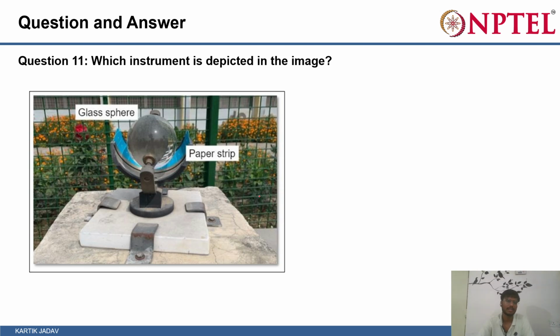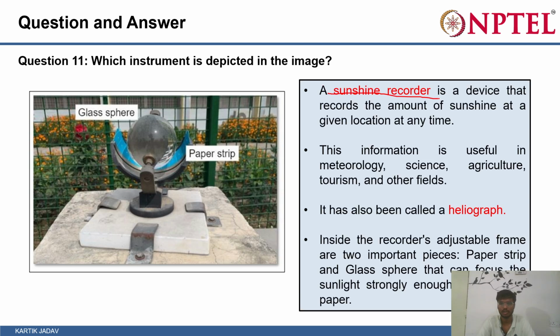To measure that, we have this instrument known as the sunshine recorder. It records the amount of sunshine at a given location at any time, and it's also known as a heliograph.